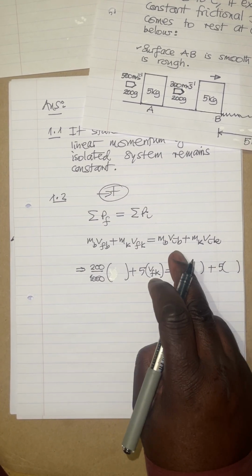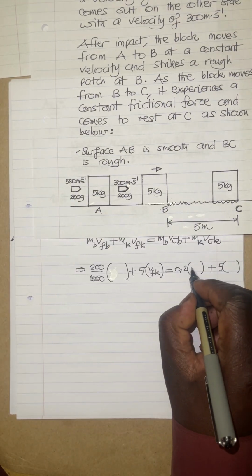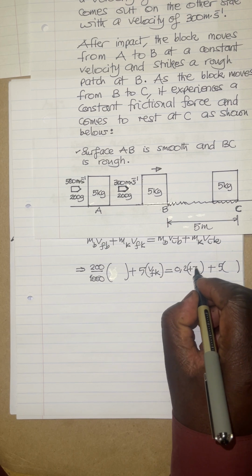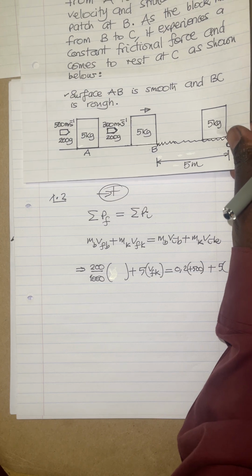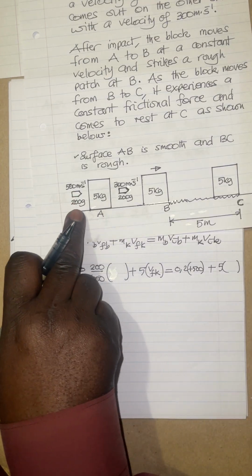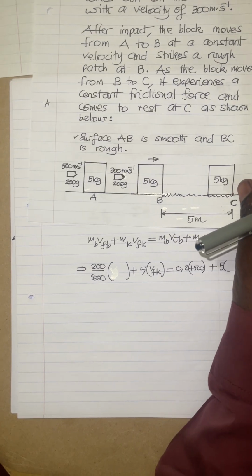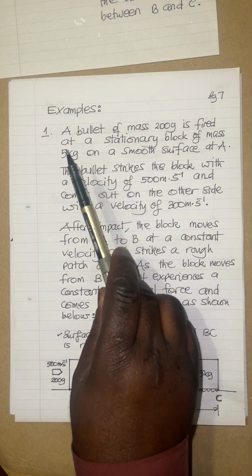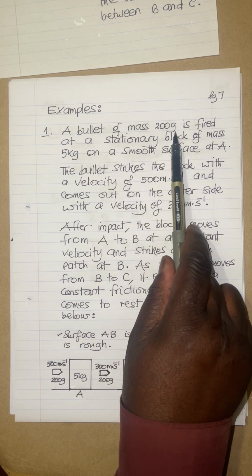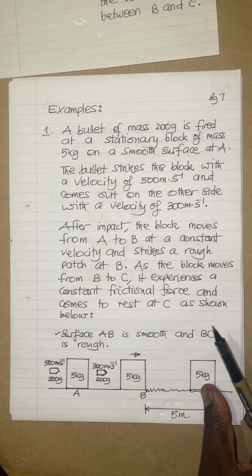V initial of the bullet, before impact, is 500, and it has to be positive 500, because to the right has been taken as positive, and the velocity is to the right hand side, so it has to carry a plus sign. What about the block? We are told a bullet of mass 200 grams is fired at a stationary block, so the block is not moving initially.